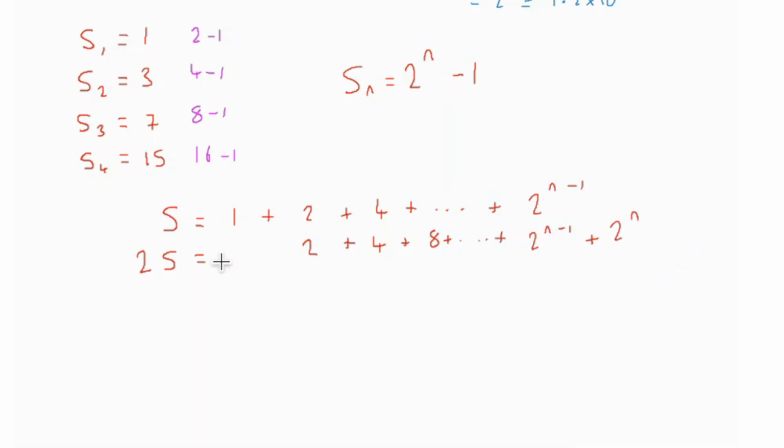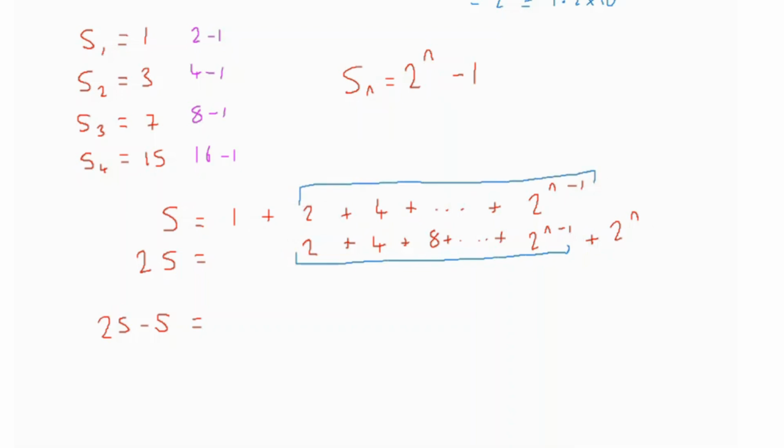Now what we can do here is subtract the first one from the second one. If we do that, we do 2S minus S on the left hand side, and on the right hand side we get all of this one minus all of this one. But there's a lot of crossover here, because all of these terms appear in both.